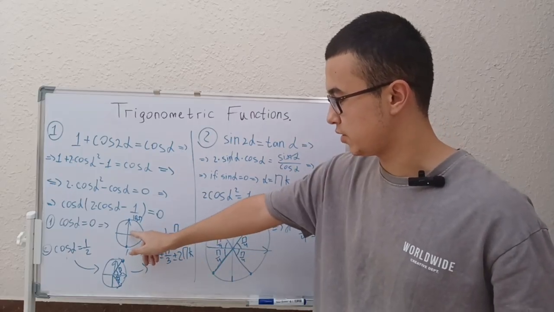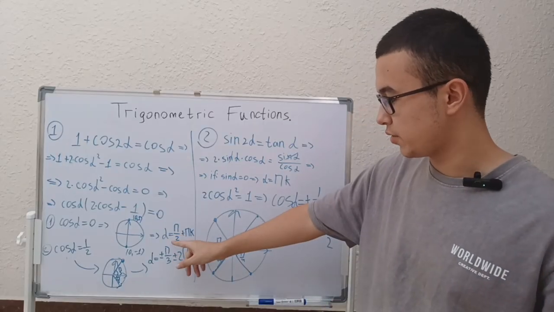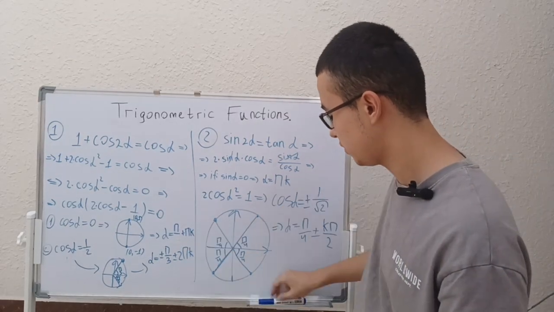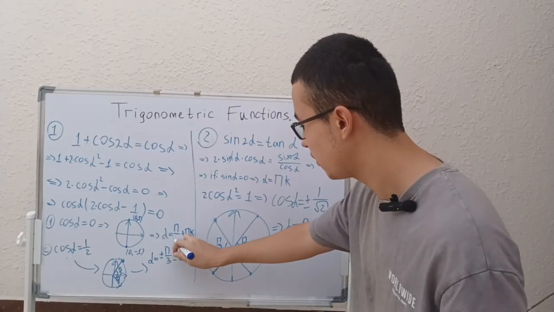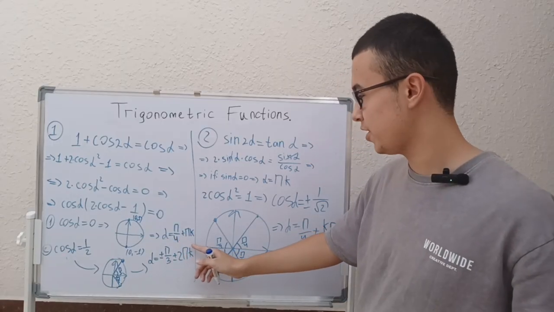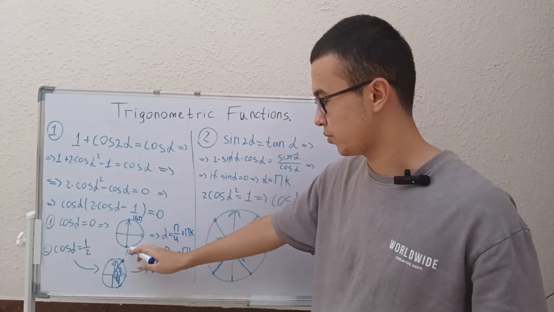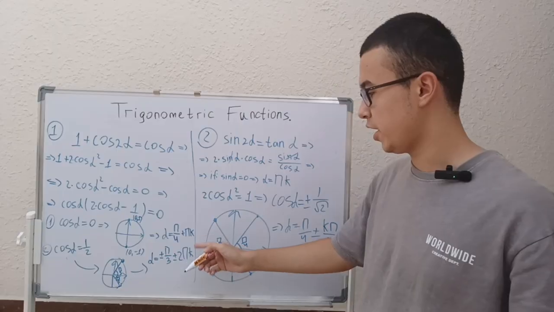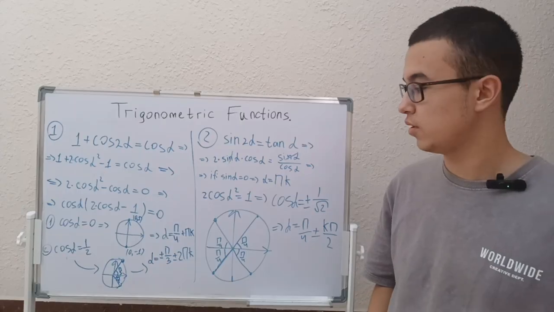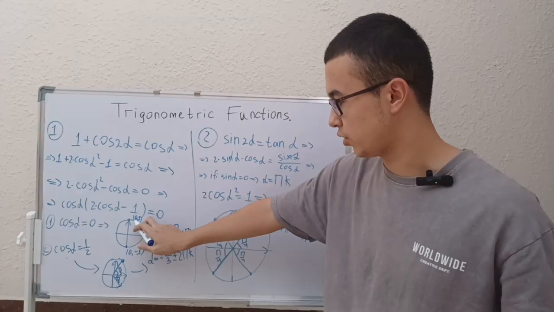Because that angle is 90 degrees, or pi divided by 2, alpha would equal pi divided by 2 plus pk, because we just move by a half circle, where k is an integer. So k can be positive and negative. If k is negative, then we just turn in the opposite direction.